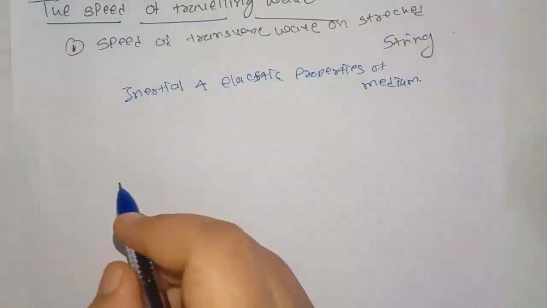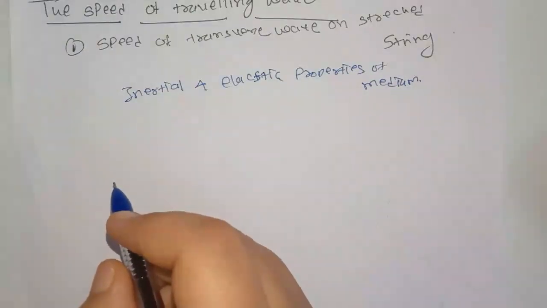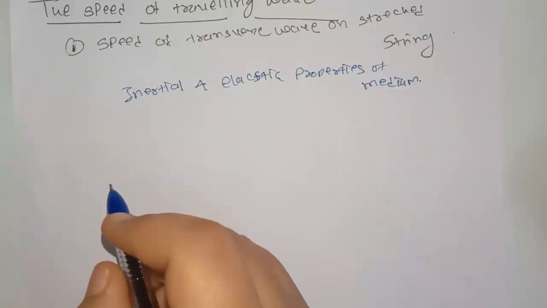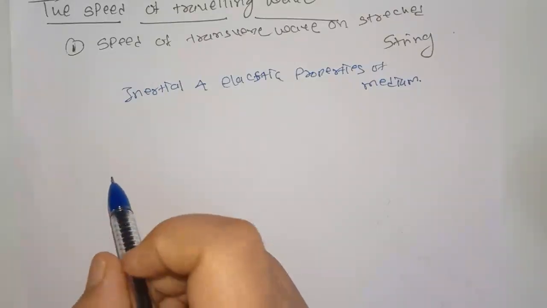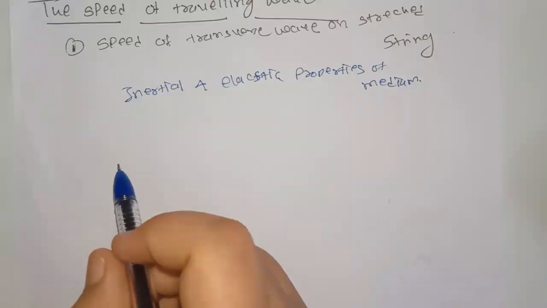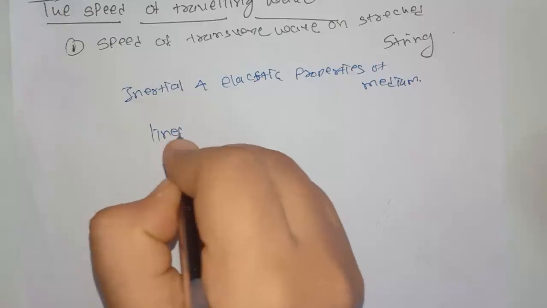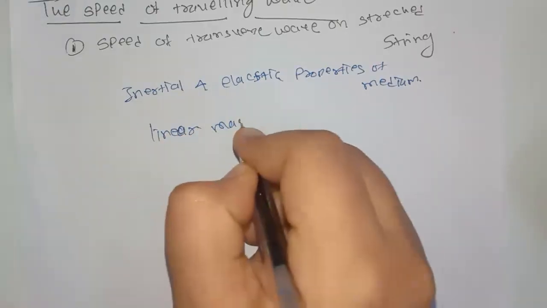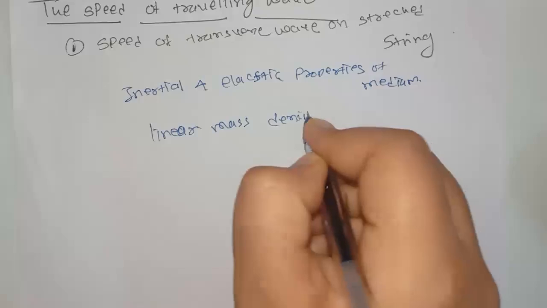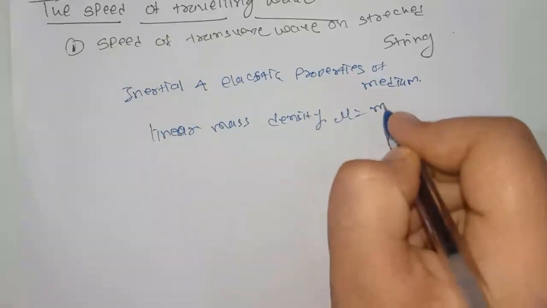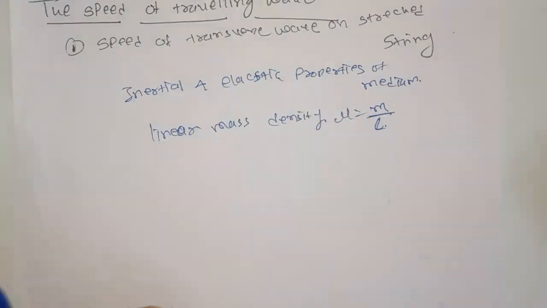And it is inversely related to the inertial property and directly proportional to the elastic property. In case of a stretched string, the inertial property is the linear mass density. The linear mass density is mu, that is mass per unit length.